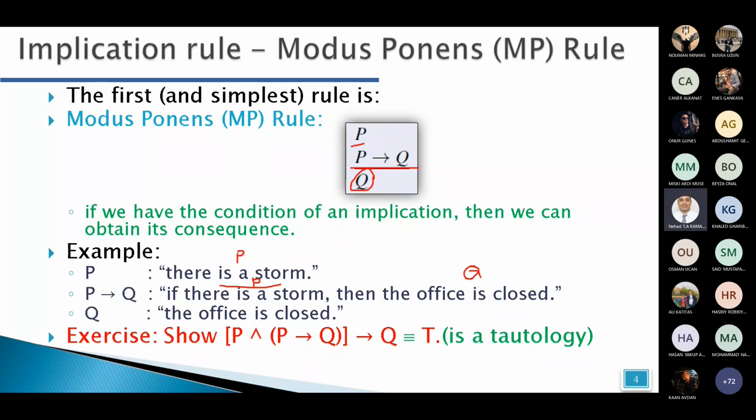This is Q. This means if I have this statement and this statement, of course you will know that the office is closed. If I told you that there is a storm today, and if there is a storm, then the office is closed, what will you get from this rule? You will infer that the office is closed. This is the conclusion, the inference.